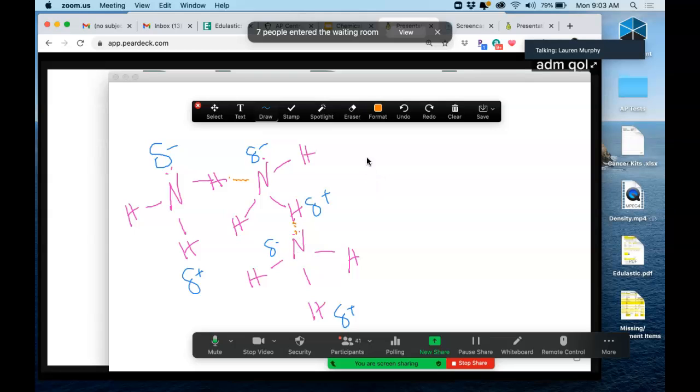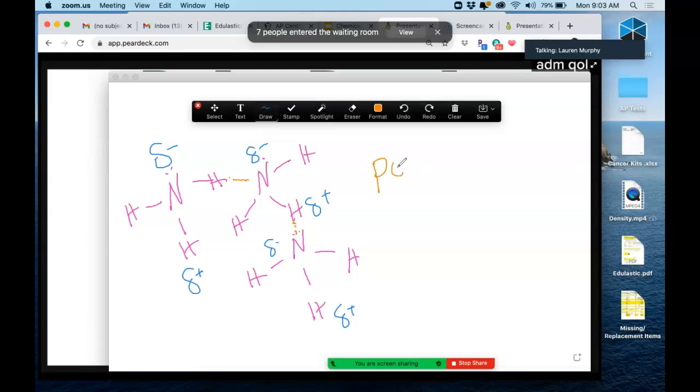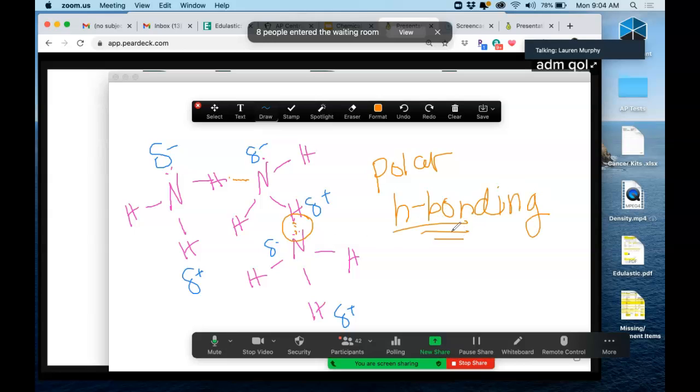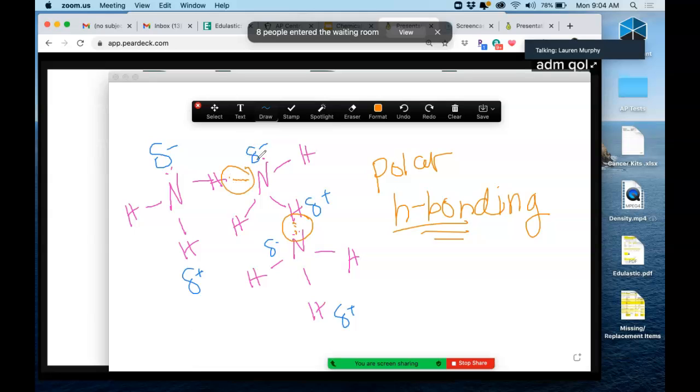And so ammonia does similarly to what water does. It is polar. And this is also another type of hydrogen bonding. It's a hydrogen being attracted to a nitrogen. So water is not the only thing capable of hydrogen bonding. Ammonia likes itself too, and it does because it's polar.